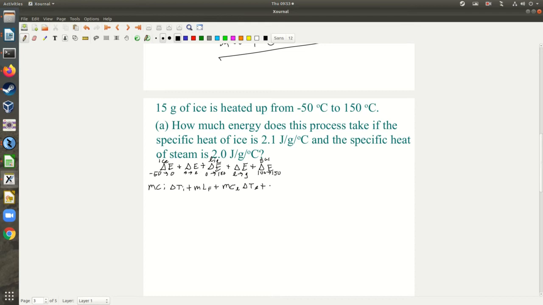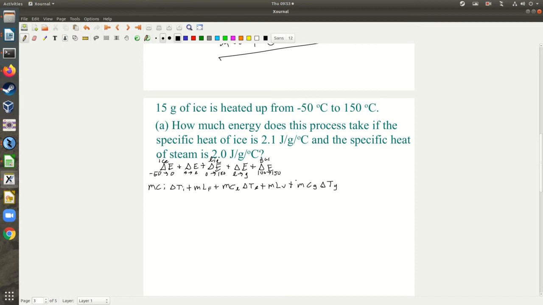hits 100, changes to steam. That's going to be MLV for the latent heat of vaporization. And then finally, as steam, we take it as MCG for gas, delta TG for gas.